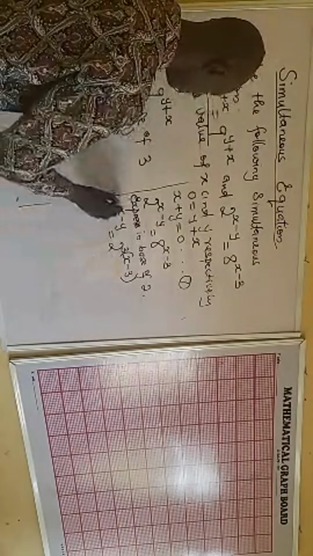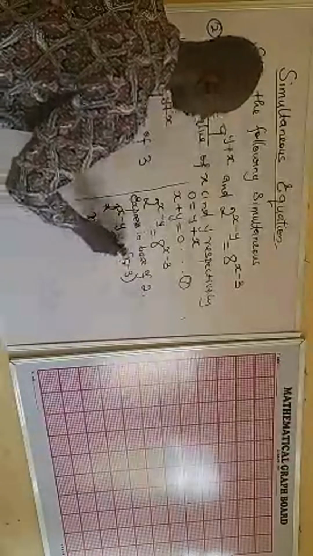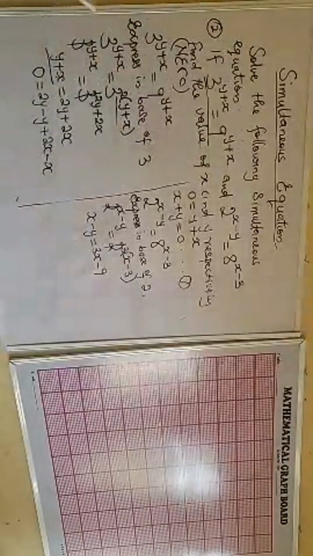Let's take the power. This one, we cancel this. Take note. So yes, x minus y is equal to 3 times x is 3x. 3 times minus 3 is minus 9, because 3 times 3 is 9. This minus belongs to 9.